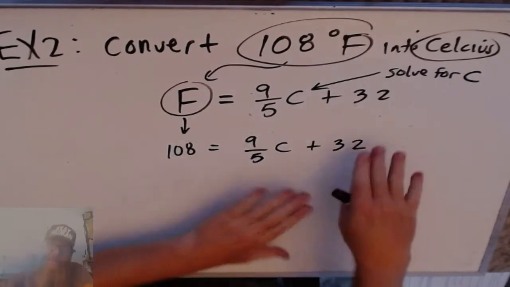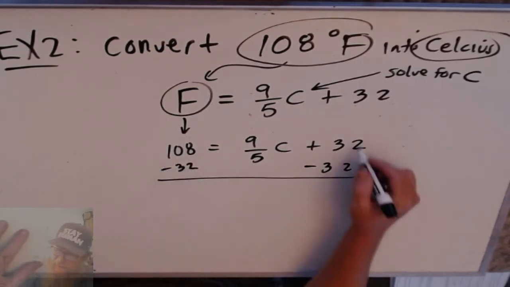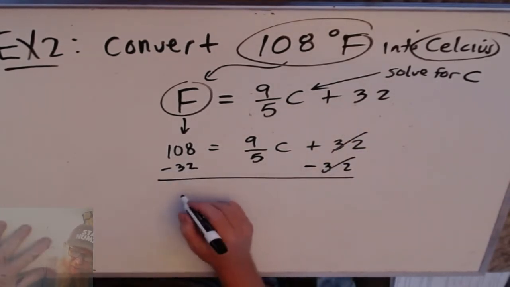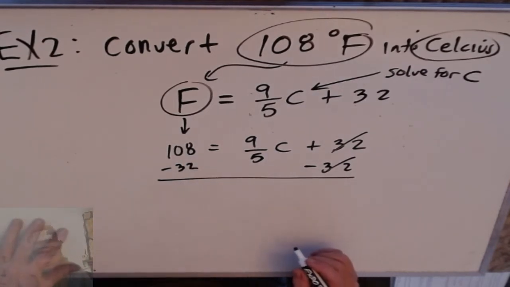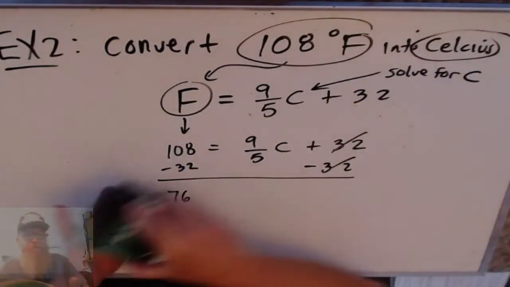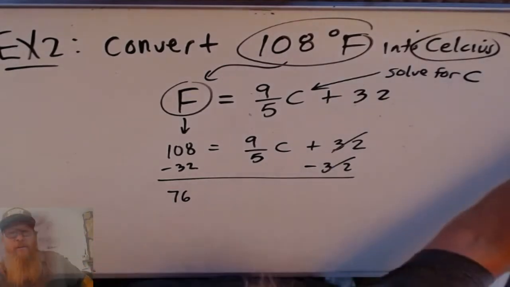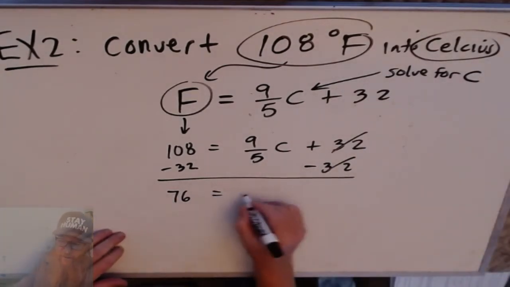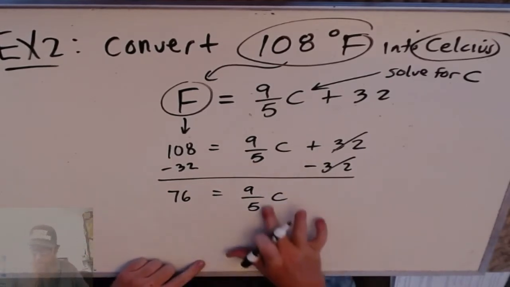So I'm going to get my 32 onto the other side. So subtract 32. What's 108 minus 32? Oh, man, that's 76. My brain hurts. I've been doing this all day. I'm going to feel stupid when it's wrong. Yeah, it's 76. I should have just trusted my instinct. 76 equals 9/5 Celsius.